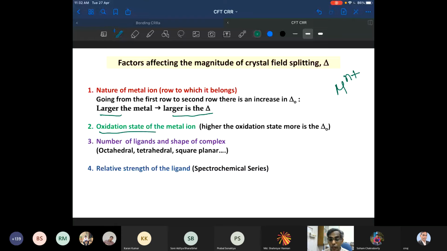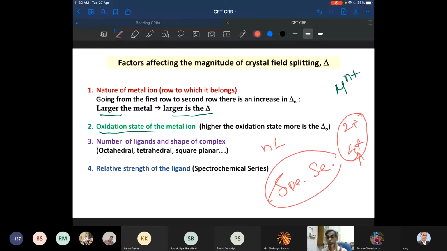Because we are talking about electrostatics, definitely the 2 plus and 4 plus cannot have the same impact. The 4 plus will have more impact on the crystal field splitting than the 2 plus. Then, more importantly, the number of ligands: how many ligands are coming to the cube, as I have shown. And the fourth one is the relative strength of the ligand, what we call the spectrochemical series.